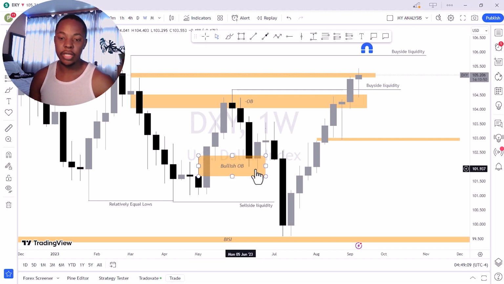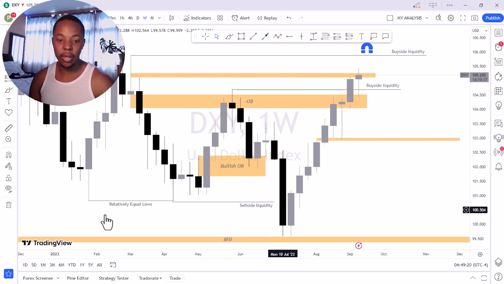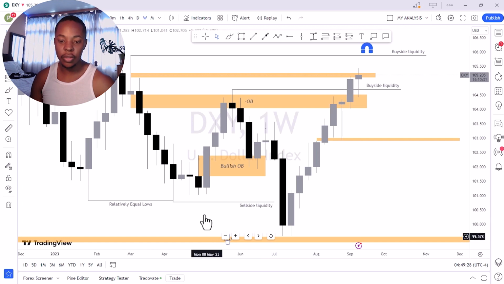This bullish order block held for the next 2 weeks, and then price went back up to balance this fair value gap here. Rejecting off of that, we took out this sell side liquidity, the relatively equal lows, breaking all the way down to this BC.